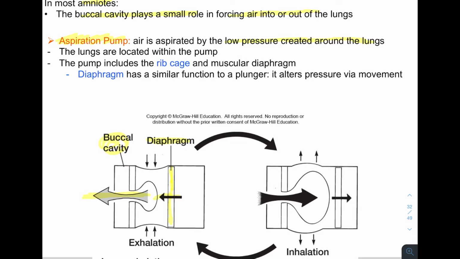The major driving force will be in the thoracic cavity and the abdominal cavity, further down. When we want to inhale, we want to bring that diaphragm down in order to decrease the pressure inside the thoracic cavity. And that's going to force the air to go through that buccal cavity all the way into the lungs and fill up our lungs.